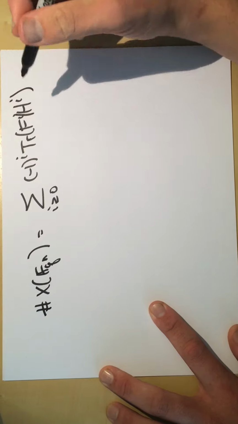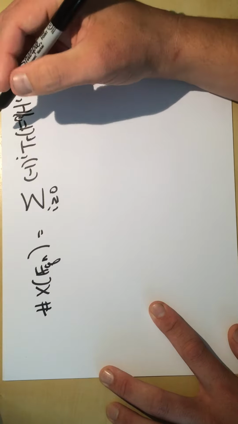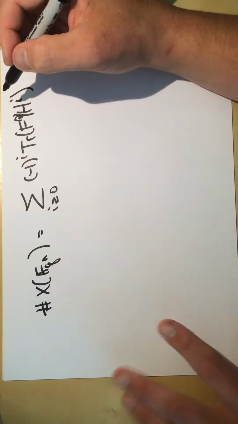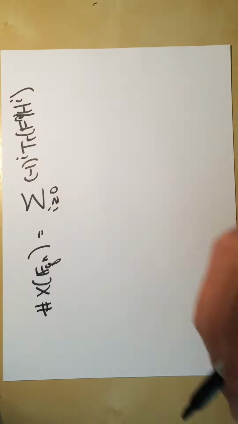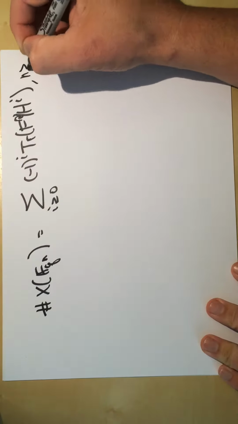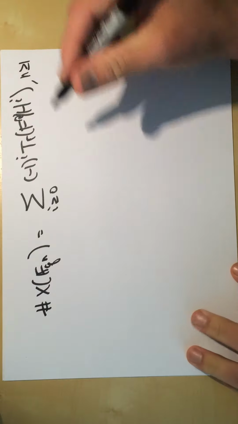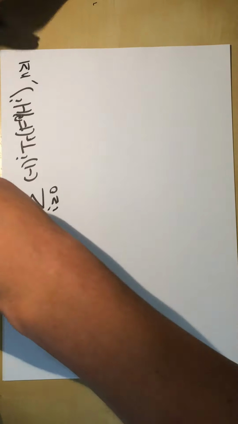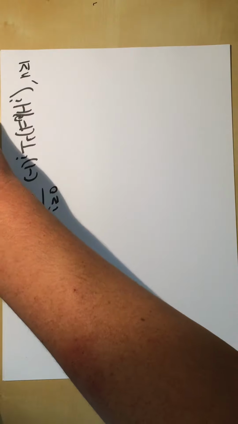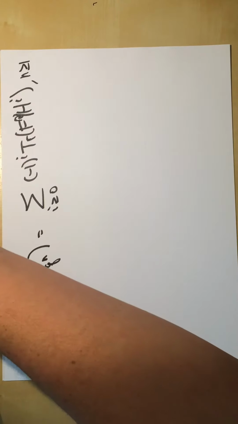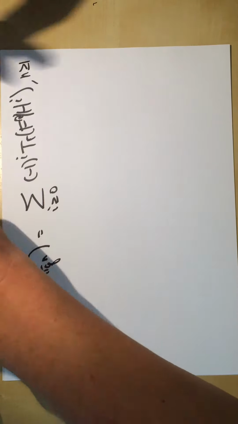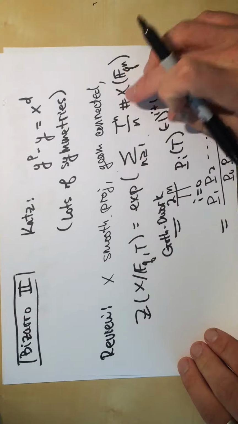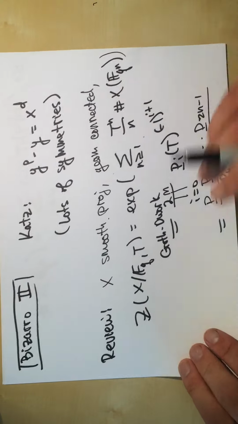So we plug in F to the n here, for n greater than or equal to 1. And using the logarithmic derivative together with this formula, we get this thing.